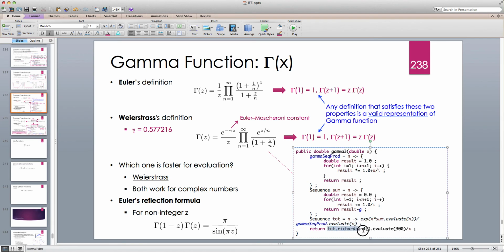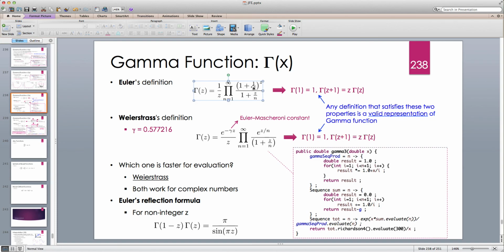And eventually we evaluate it at some number of terms, let's say 300, and then divide it by this z. All right, so these two definitions have some common terms, right? 1 over z is the same, 1 plus z over n is also the same. The only difference is here we are summing up some numbers and then invoking the exponential function on it.